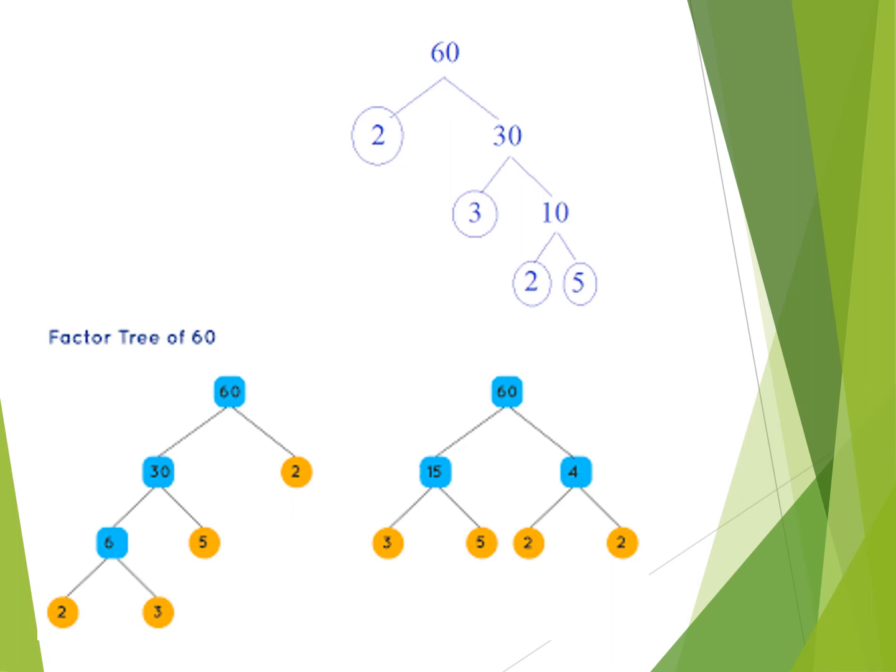Below, we also have 60 divided by 30 first, which is just the reverse of the previous one. And here we have another example, 60 divided by 15 or 4, right? You can see this is just the same result.